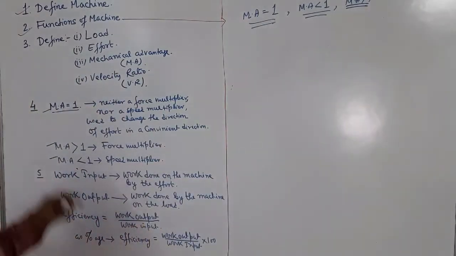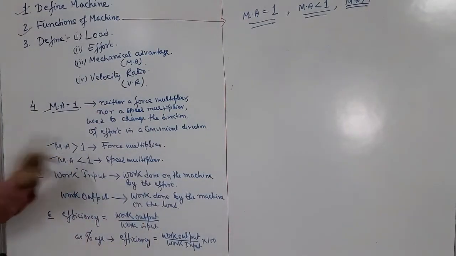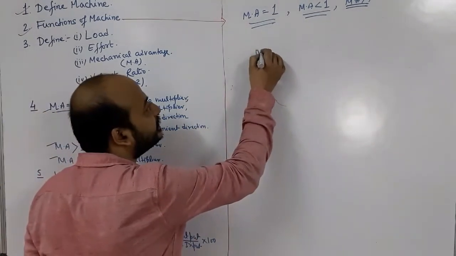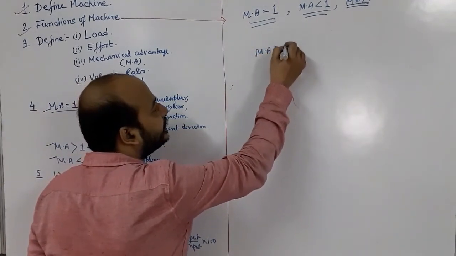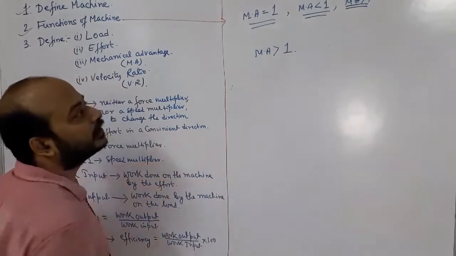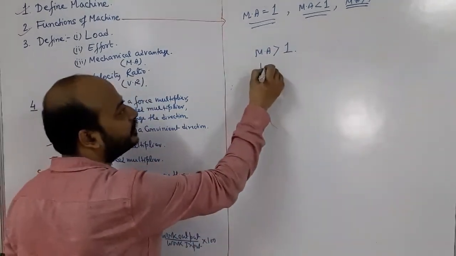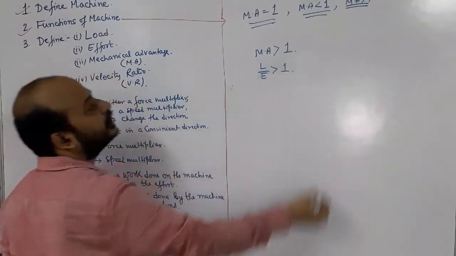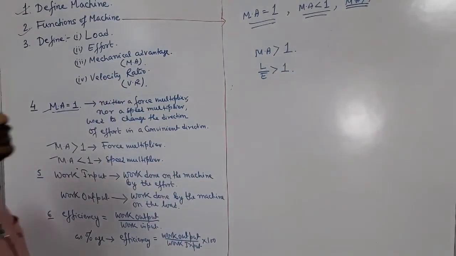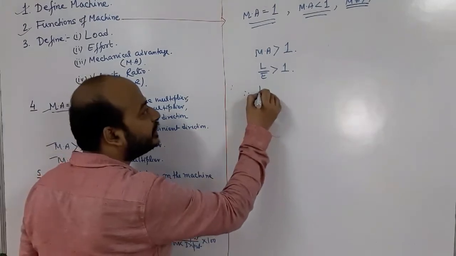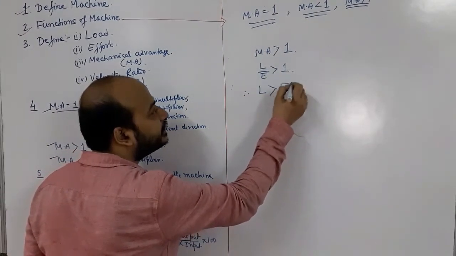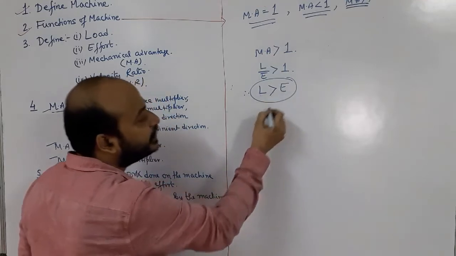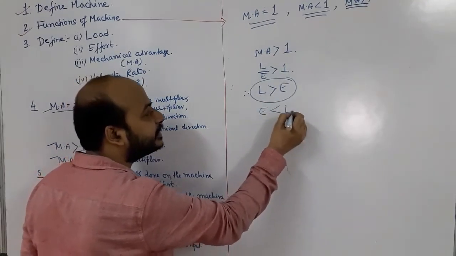Understand? So that is mechanical advantage equals to 1. Now, if the mechanical advantage of a machine is greater than 1, then it acts as a force multiplier. Mechanical advantage greater than 1 means load by effort is greater than 1, and therefore we can say that load is greater than effort. That means effort is less than the load.